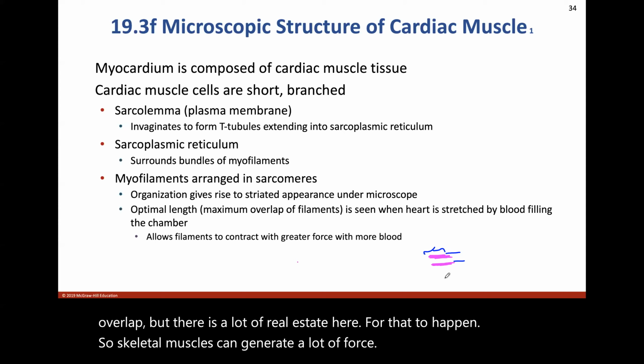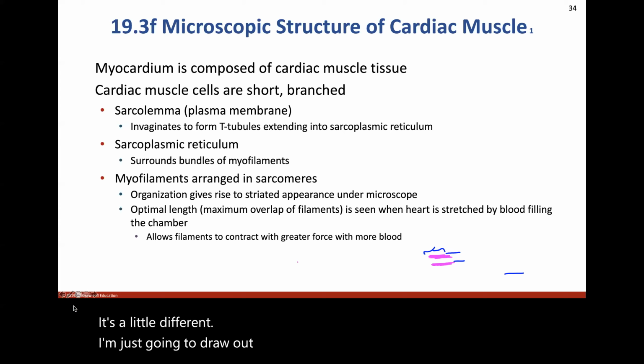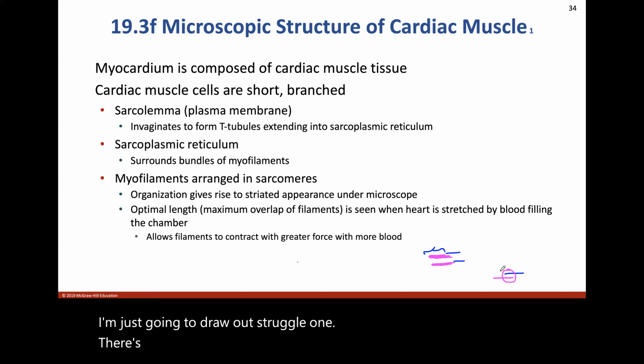In the heart, the zone of overlap, it's a little different. Let's draw the one. There's already a little bit of overlap that exists here.